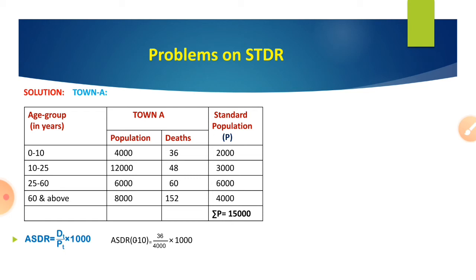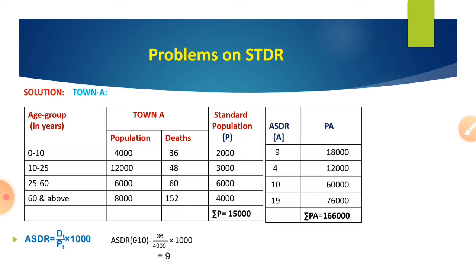So ASTR for the age group 0 to 10 is 36 divided by 4000 into 1000. So this becomes 9. Like this we have to find out ASTR for all the age groups. The ASTR for the age group 0 to 10 is 9, and ASTR for the age group 10 to 25, deaths divided by population, 48 divided by 12,000 into 1000, is 4.